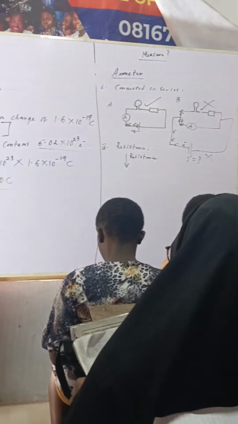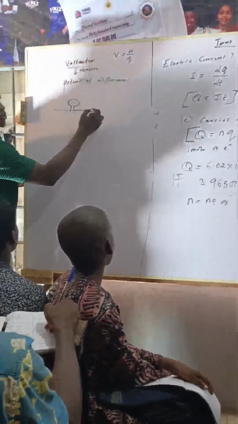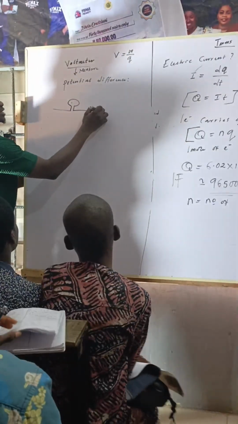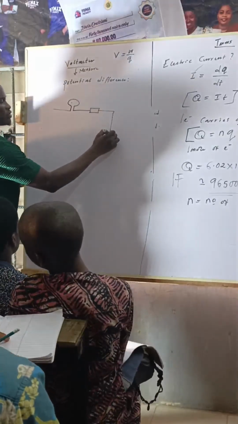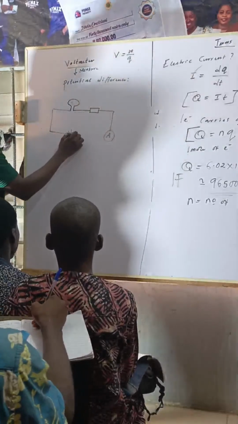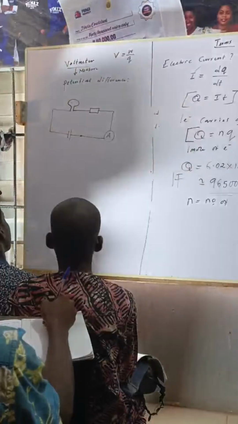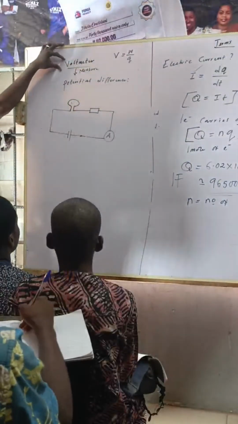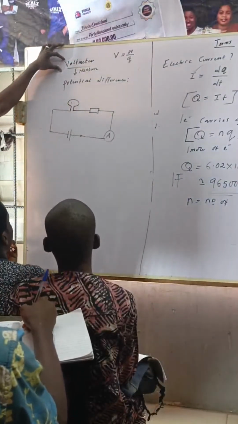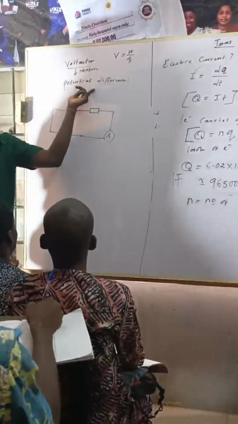Let's say you have a circuit like this. We are still going to solve questions at the end. So let's say you have a circuit like this. You have your ammeter. All of these things I'm drawing is so that you understand it better. Now, what's the function of a voltmeter? What is potential difference?